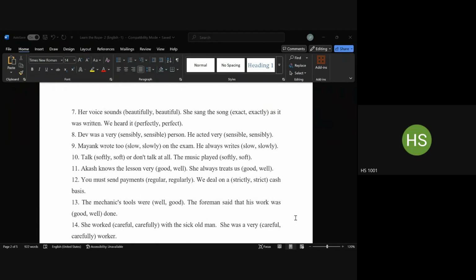Right, Tansi? Okay, thank you, ma'am. Yes, Abhay. Ma'am, I have a doubt. Like you said, we can't use good as an adverb. So if I say "he's a good person"... Good you cannot use as an adverb. Good is only used as an adjective.